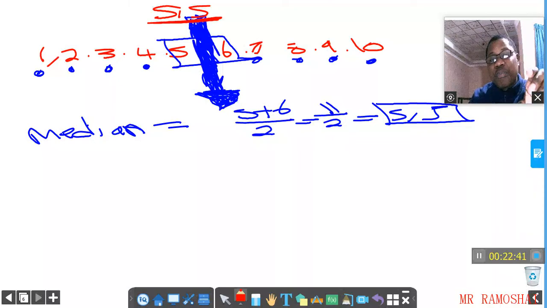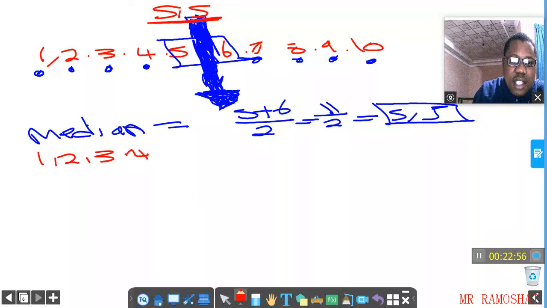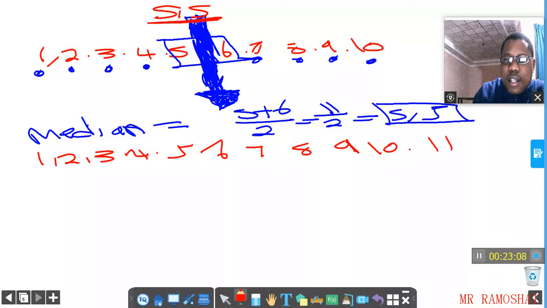We remain with 5,5, which divides our data into two equal parts. Right. Let me give another example with this data. Remember the first one that we dealt with had an even number, 6 7 8 9 10 11, right?